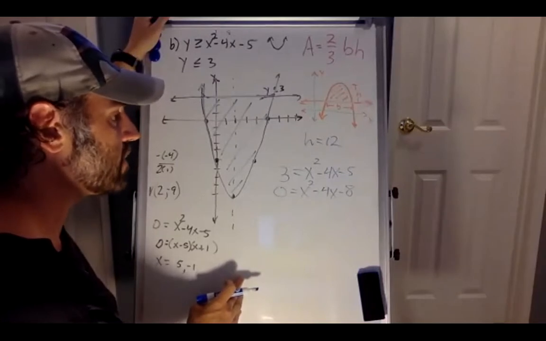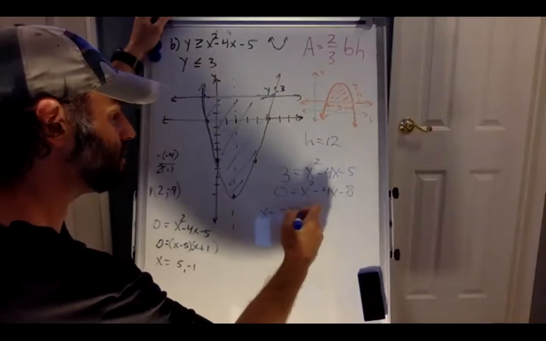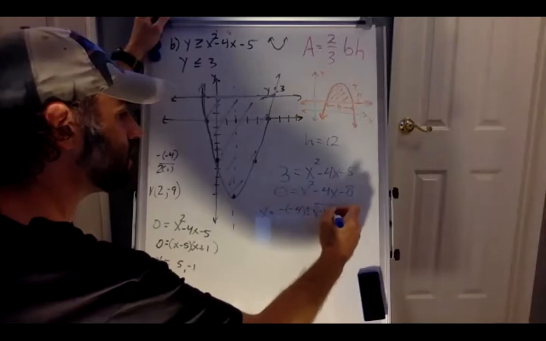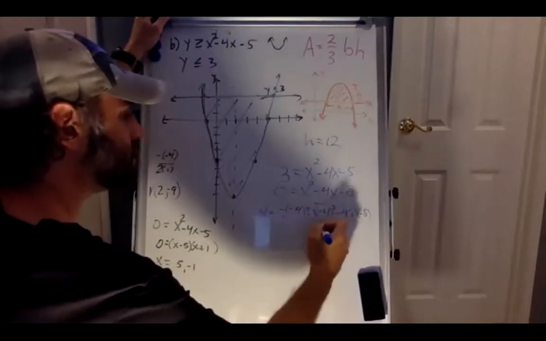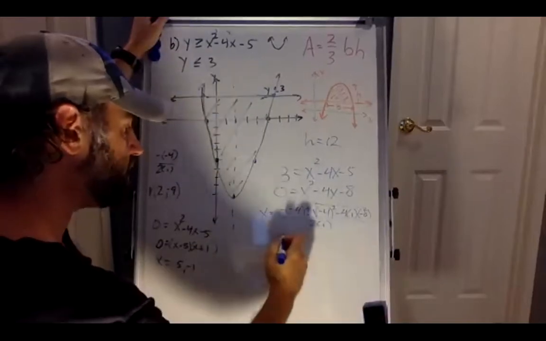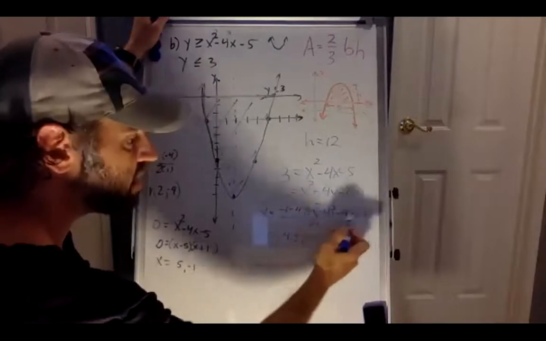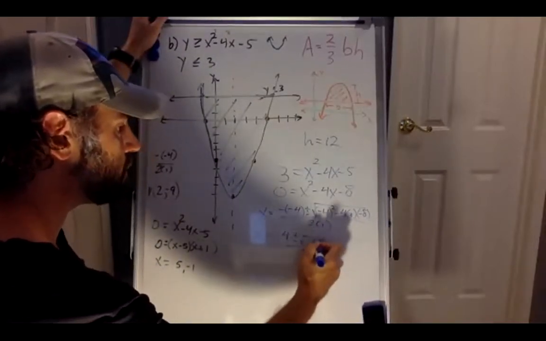No. Okay? So then we go x is equal to negative b plus or minus the square root of b squared minus 4ac all over 2a. x equals 4 plus or minus, here we go, 16 plus 32 is 48 over 2.